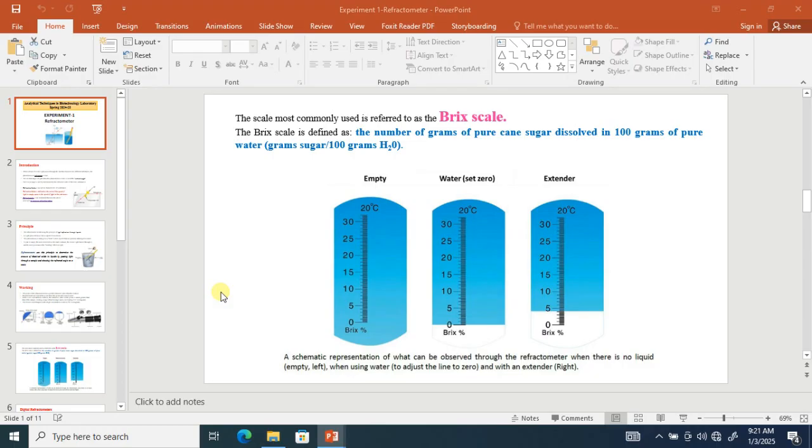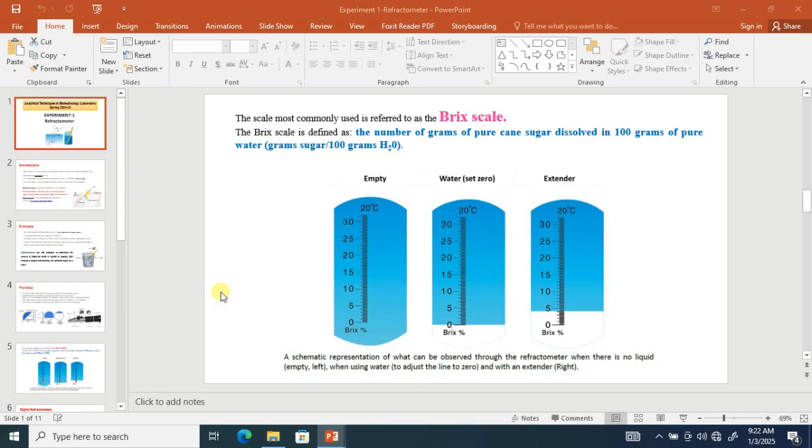Why do we use Brix measurement? Because we need to understand how much total dissolved solutes are present in a solution. We represent that total solutes by the parameter called Brix, B-R-I-X, or percentage Brix, depending on what you want to measure.